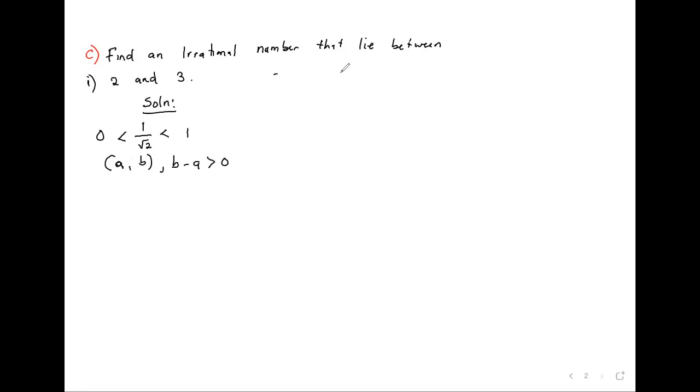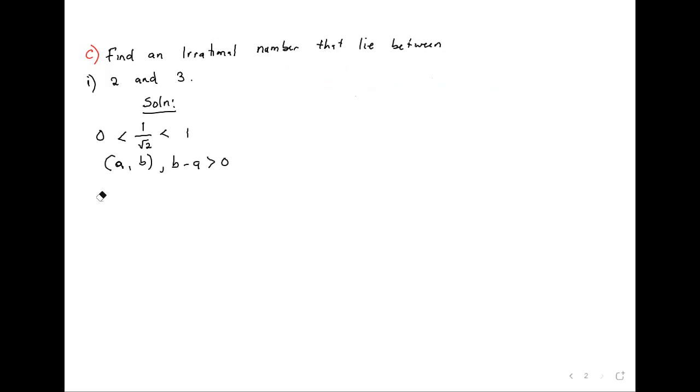Okay? Negative 4 and negative 2: negative 2 minus negative 4 gives negative 2 plus 4, which is equal to 2, greater than 0. So with two numbers given, if I get the bigger one minus the smaller one, I will have a positive number.